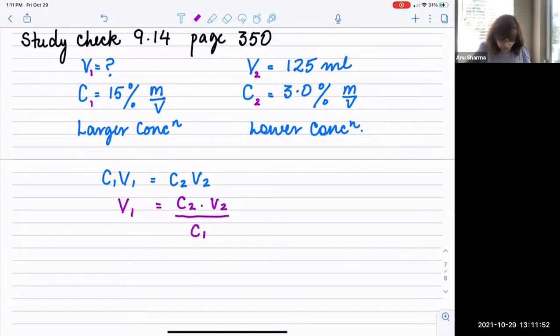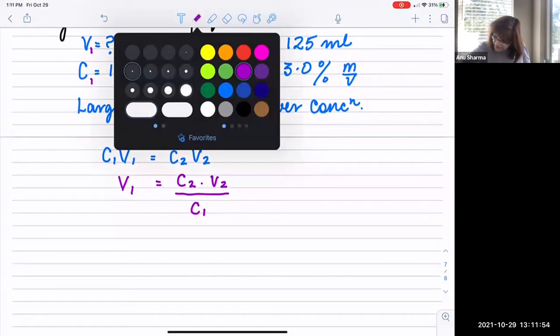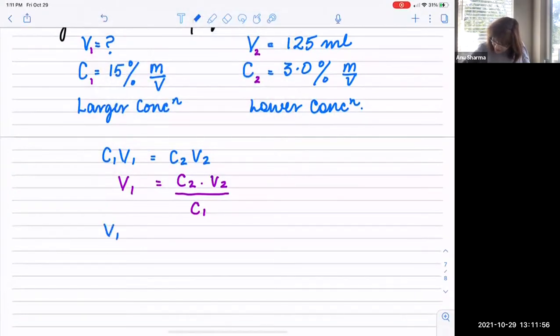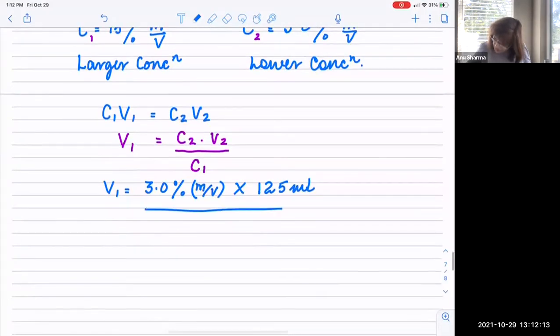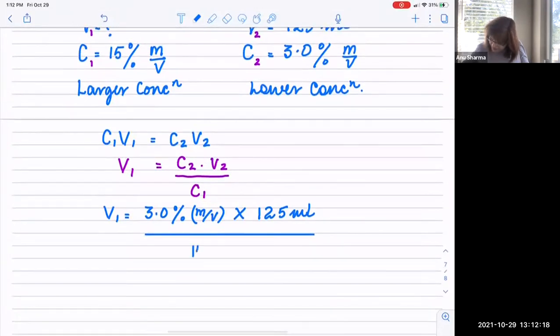So V1 is equal to C2, which is 3.0% mass by volume, times 125 milliliters, over C1, which was 15% mass by volume.